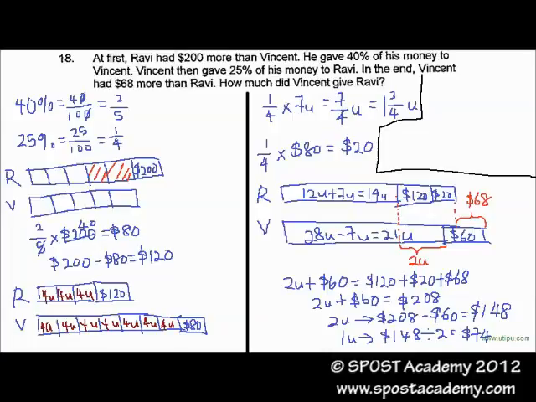So if we know that 1 unit is $74, 7 units would be equivalent to 7 times $74, which is equal to $518. And not forgetting the $20, so we need to use $518 plus $20, which will give us a total of $538.